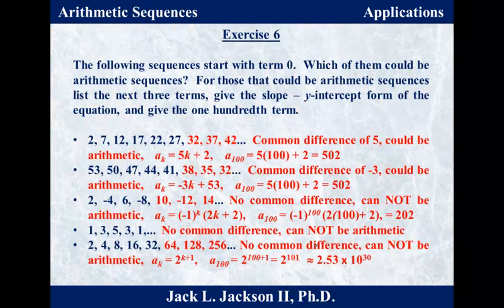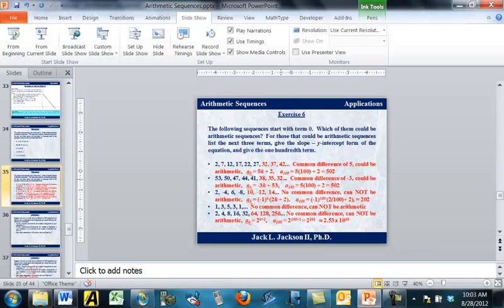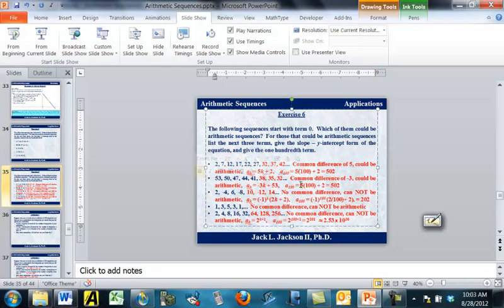The formula is a sub k equals negative 3k plus 53. Remember again, it's our basic form of a sub k equals mk plus a sub 0. A sub 100, we plug it in, and that one, obviously I did a little copy and paste and didn't fix it here. This should be negative 3 times 100 plus 53.